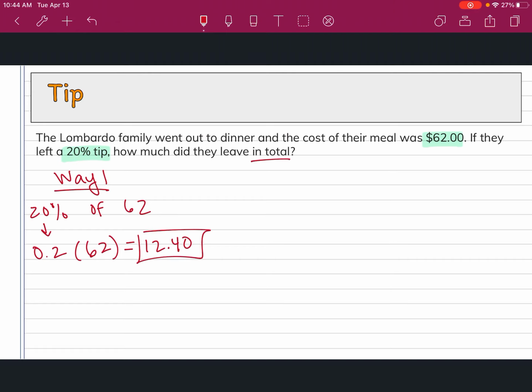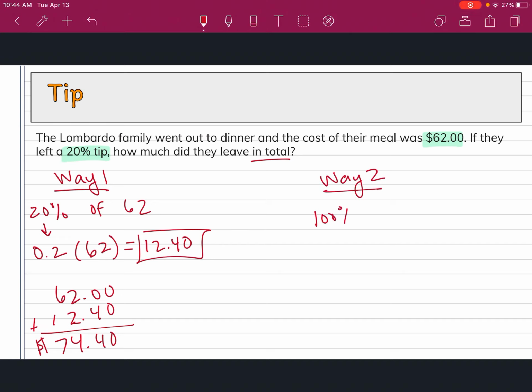But they want to know how much we left in total. So you would have your bill of $62 plus the tip of $12.40 to get $74.40. Now, the way two is you know you're paying a total. So you're paying 100% of the bill plus 20% tip for 120% of that bill.